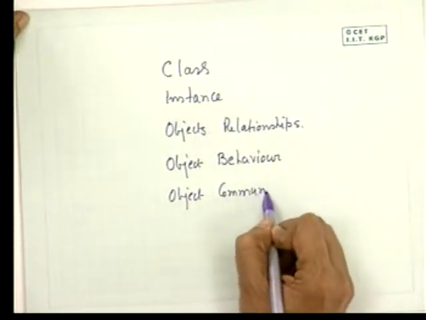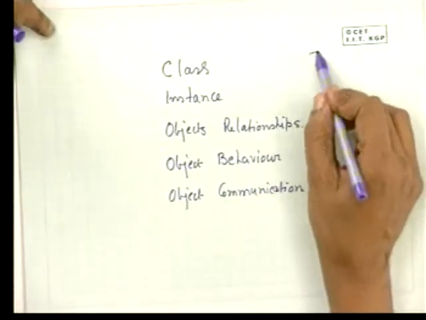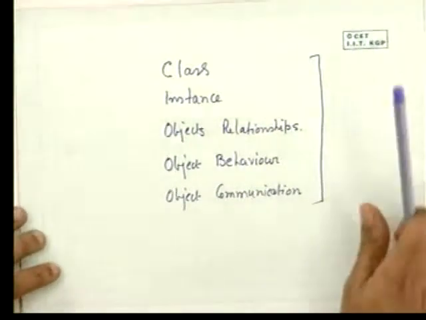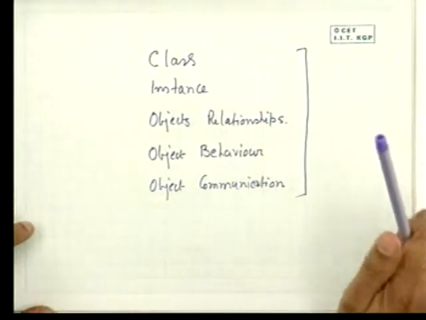So all these features must be stated when we try to model an object-oriented database, object-oriented information system, or object-oriented design.